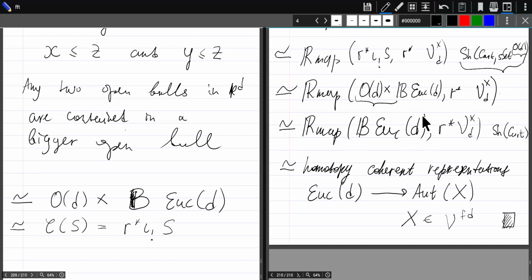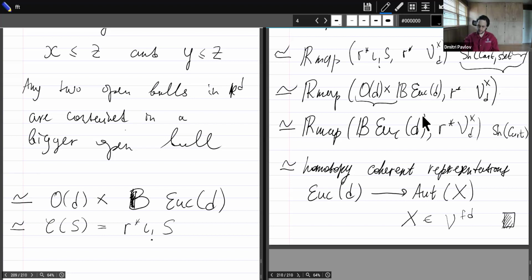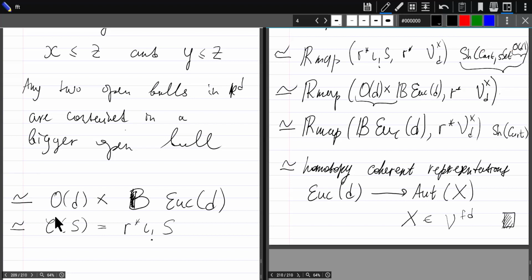Okay, and the equivalence above from R star iota shriek S. That was computed here, right?